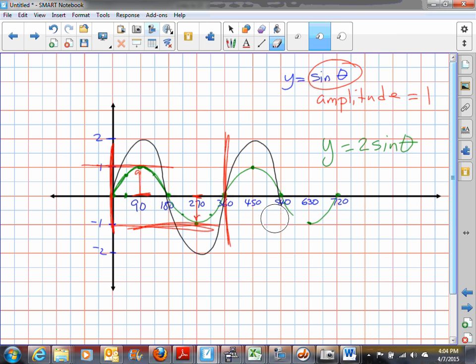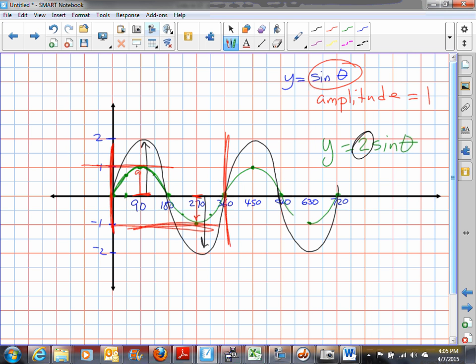Let's try to do a little bit better job here. Now notice what happens is that this is a vertical stretch, and the width of the graph stays the same, but now the amplitude is 2 rather than 1. So students learn that the coefficient in front of the sine or in front of the cosine is the amplitude of the graph, and that's the distance from the center line of the graph to the top or the bottom.